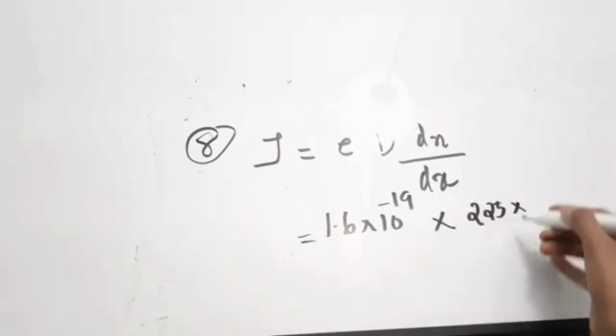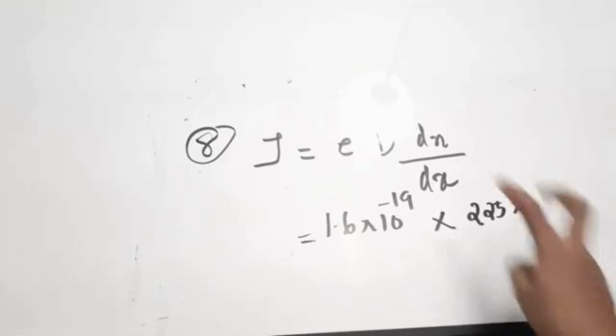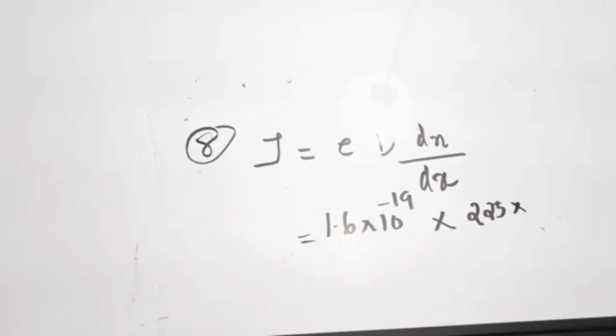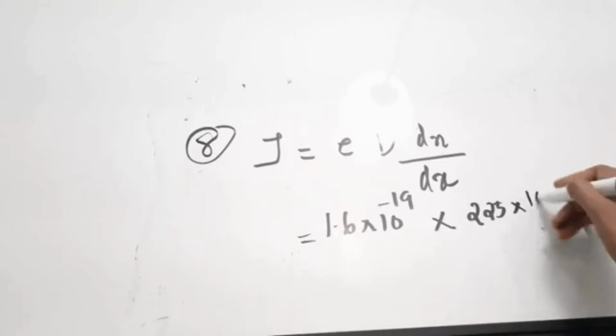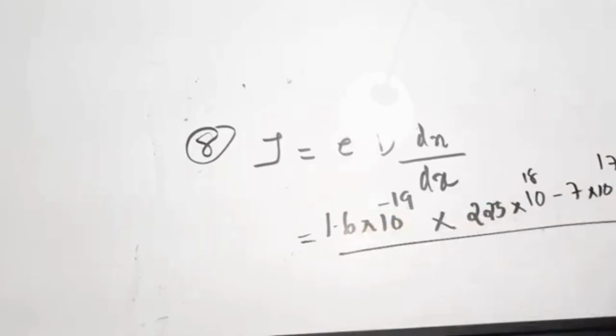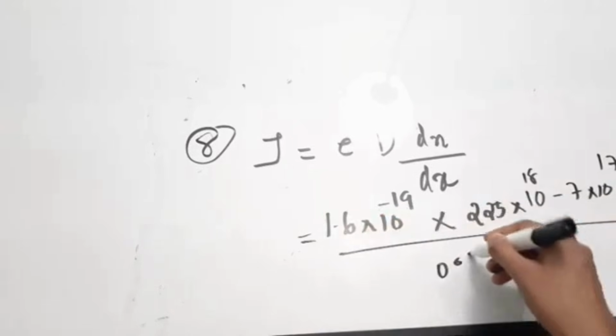Then into, now this is the change in the concentration. It is given in the question that the concentration of electron varies from 1 into 10 raised to 18 to 7 into 10 raised to 17. So it is 10 raised to 18 minus 7 into 10 raised to 17 by 0.1.